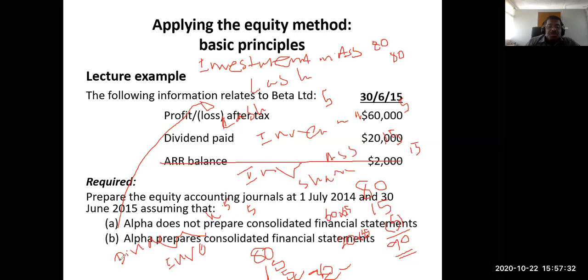When you receive the cash, of course, you debit the cash and credit the revenue. There is no difference except this entry: instead of cash, you put dividend revenue. But the final equity balance, whichever method, whether Alpha prepares consolidated financial statements or not, the value is the same.